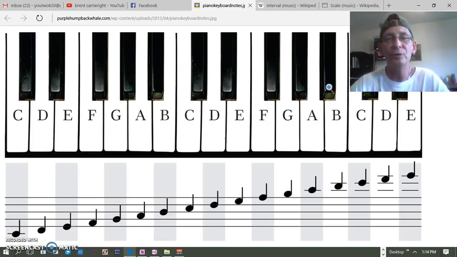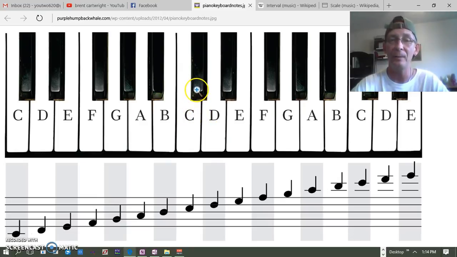And try to keep those intervals very simple in your mind. And understand that that can change depending on what note you start with. If you start with B and go to B, those intervals are going to be the same distance. So you've got a whole step here. We've talked about whole steps and half steps.